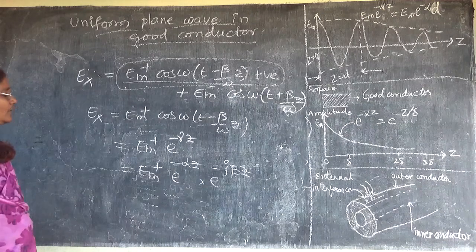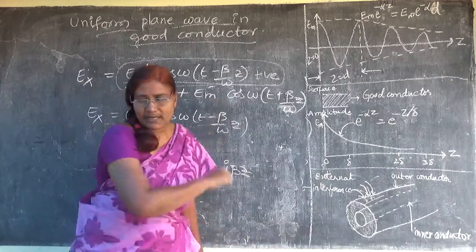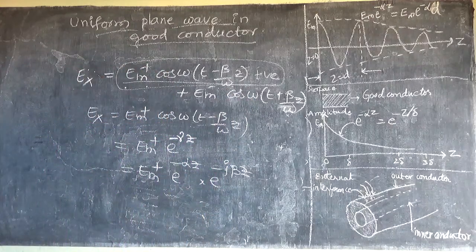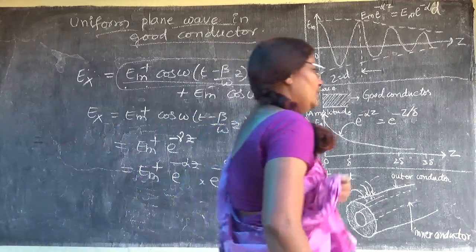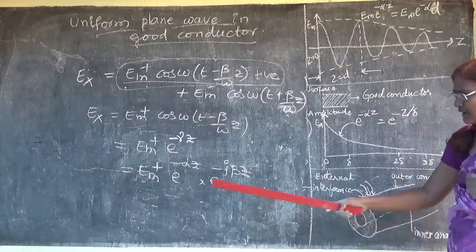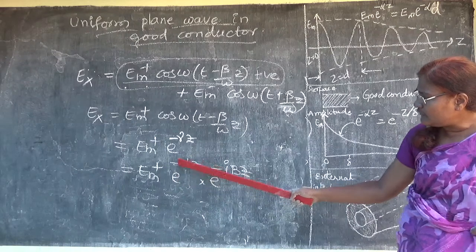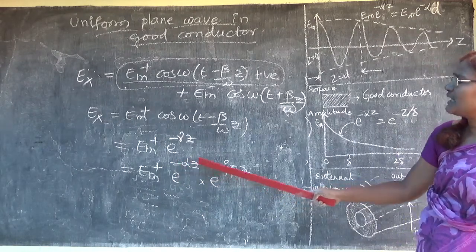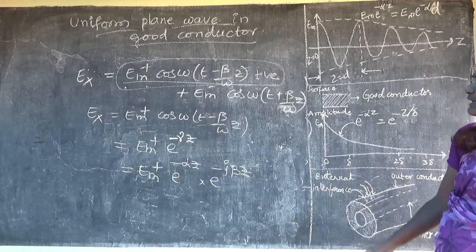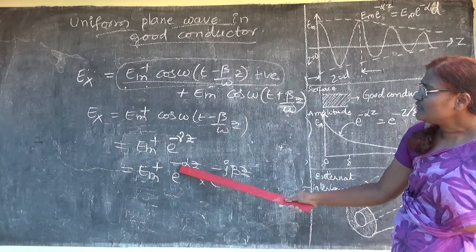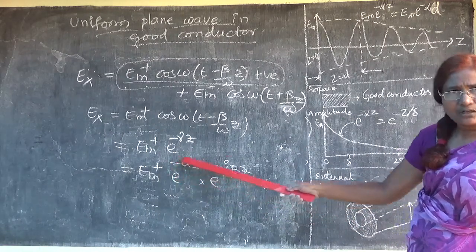Now you see this diagram. What is this? E to the power of minus alpha z shows the attenuation of the wave along the z direction.